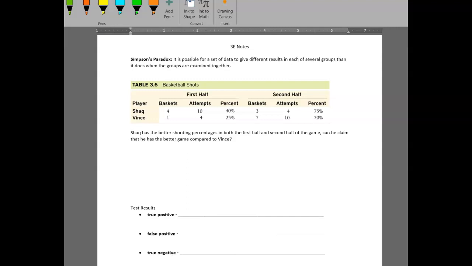So for Shaq, he has 4 out of 10 in the first half, and then in the second half, he has 3 out of 4. Versus Vince, who has in the first half 1 out of 4, and then 7 out of 10.